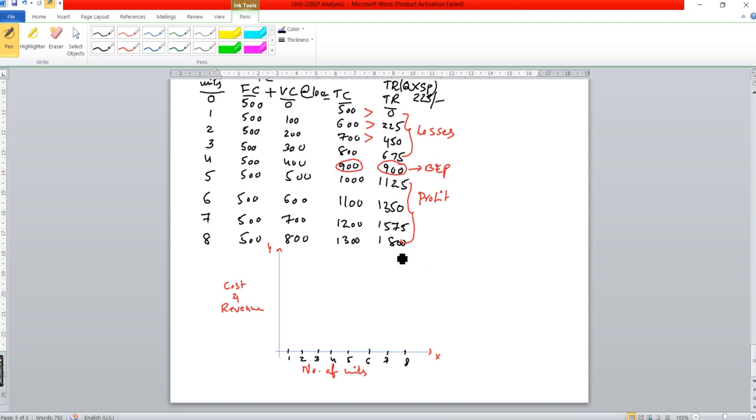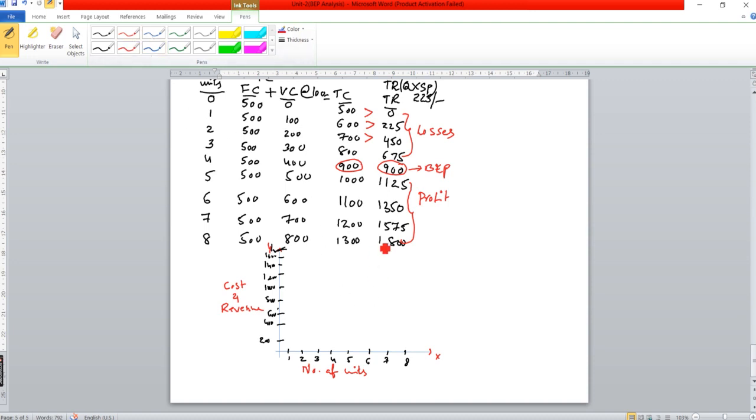The minimum point in these two, cost and revenue, is 225 and the maximum is 1800, and we can take 200 as an interval: 200, 400, 600, 800, 1000, 1200, 1400, 1600 and 1800.